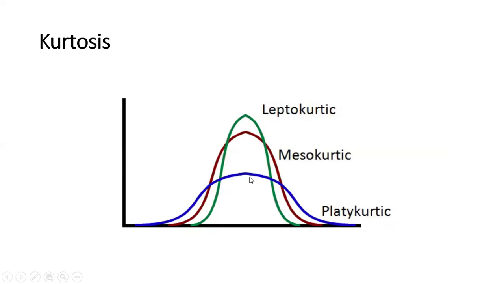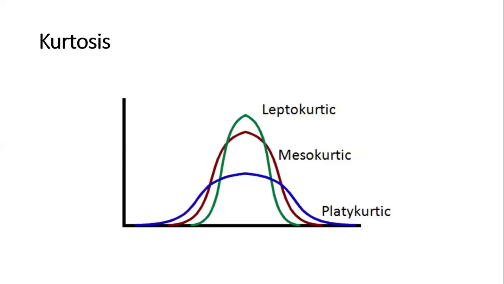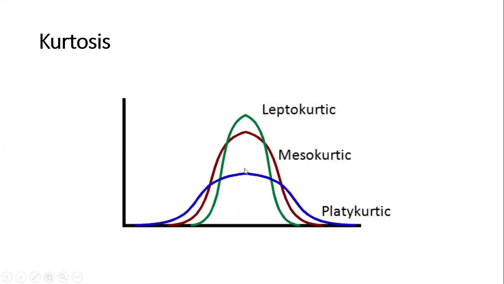When it is depressed, that's low kurtosis. Well, that may be true, but what really forms the kurtosis is not the tip. What is most important in kurtosis is the nature of the tail.